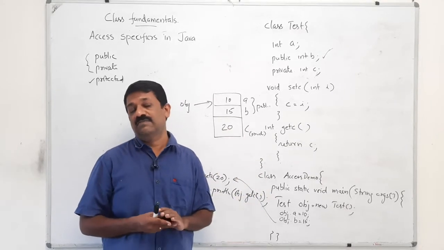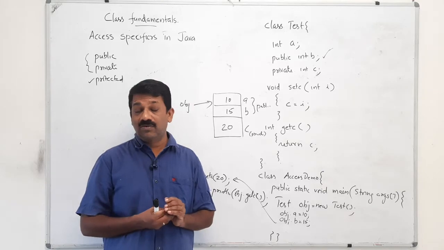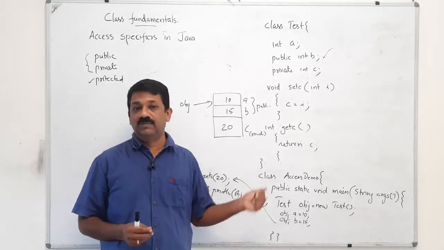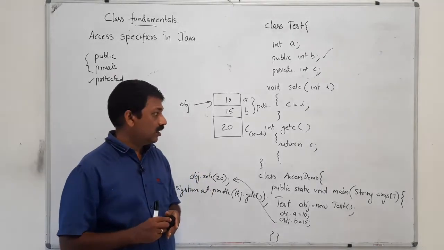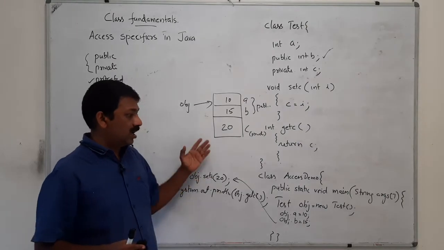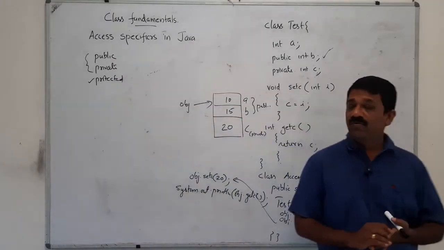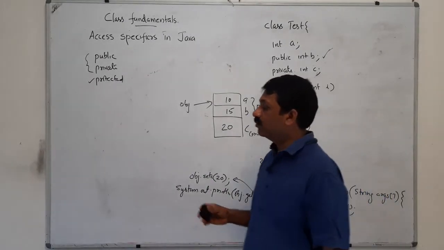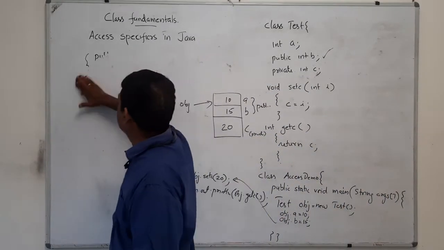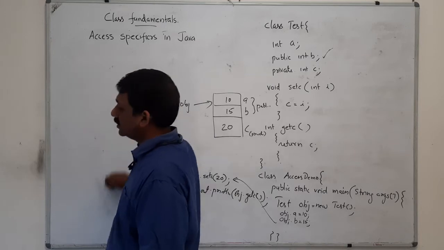Okay, so that's about the private access specifier. And now we are going to discuss what you mean by a static variable. What do you mean by a static variable?